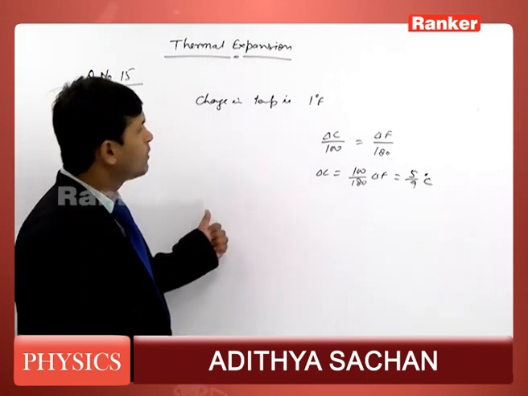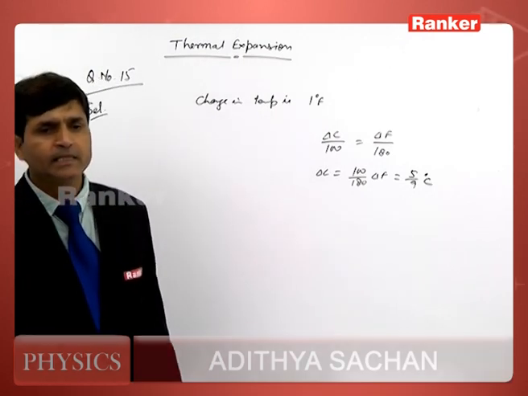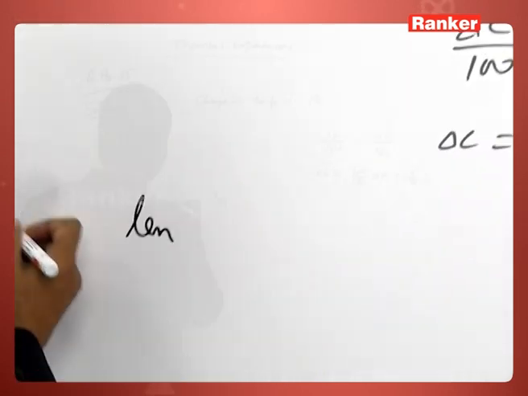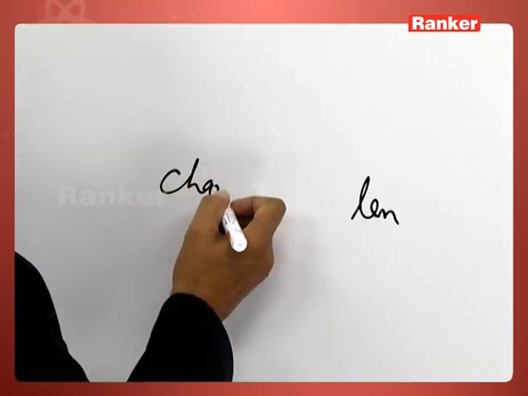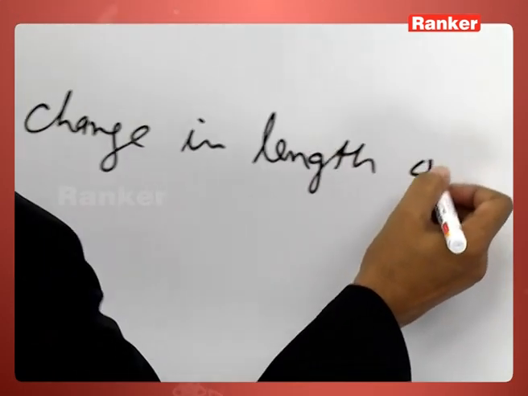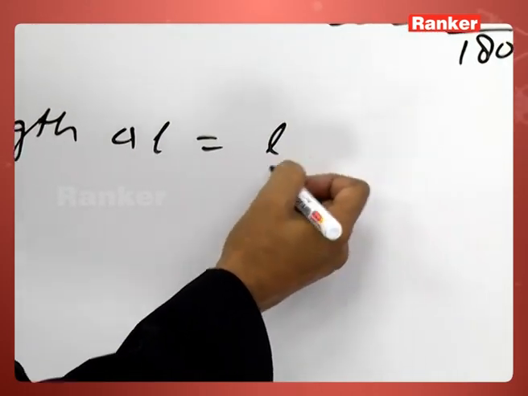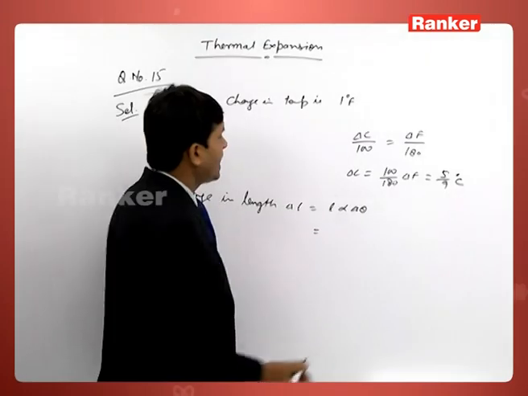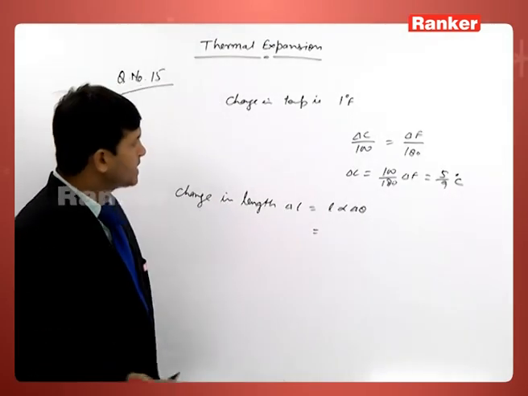Now we have to find the change in the length of the rod. So we can write the change in length, delta L, is equal to L alpha delta theta. L is the initial length, which is given as 1 meter.